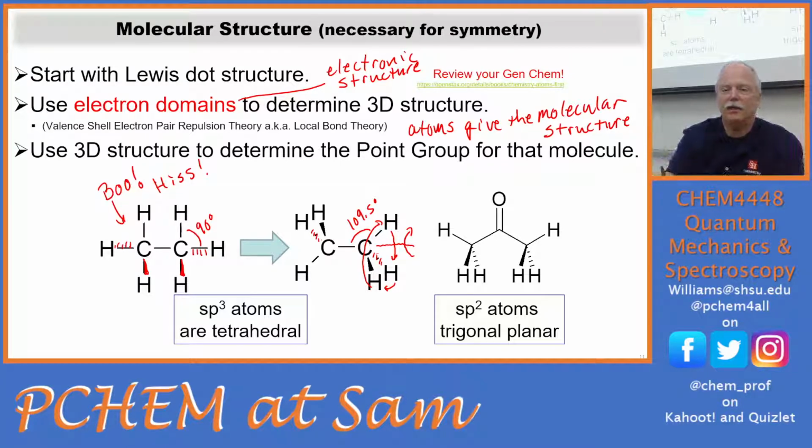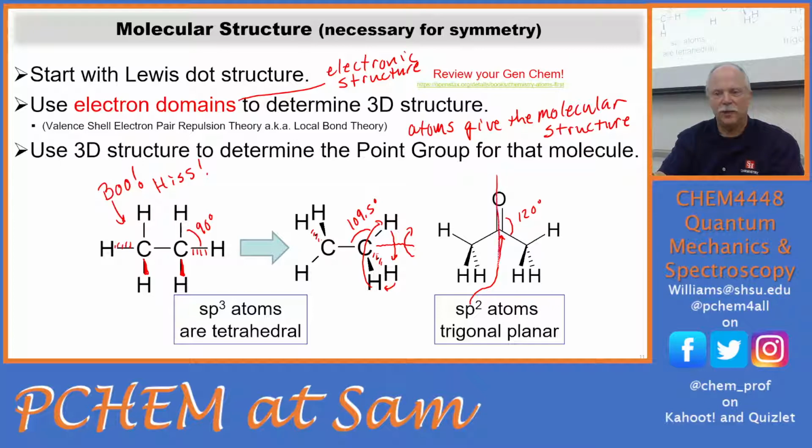Now this molecule over here is less symmetric than ethane. This is acetone. And we see this sp2 hybridization for this carbon. It has 3 electron domains. And so those angles are 120 degrees. Can you see the reflection plane in this molecule?